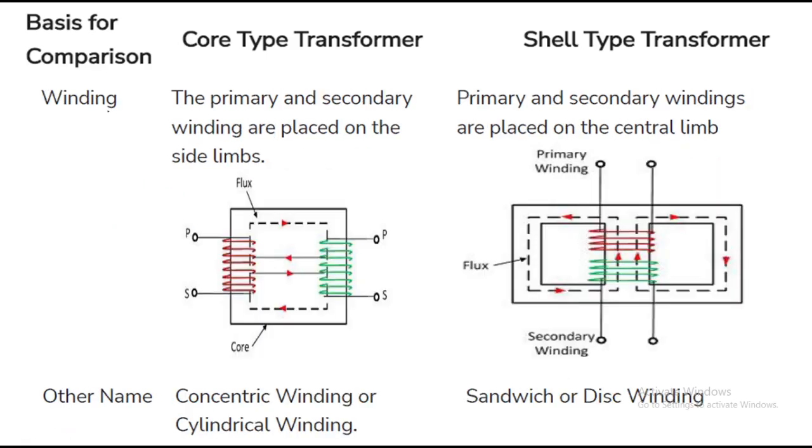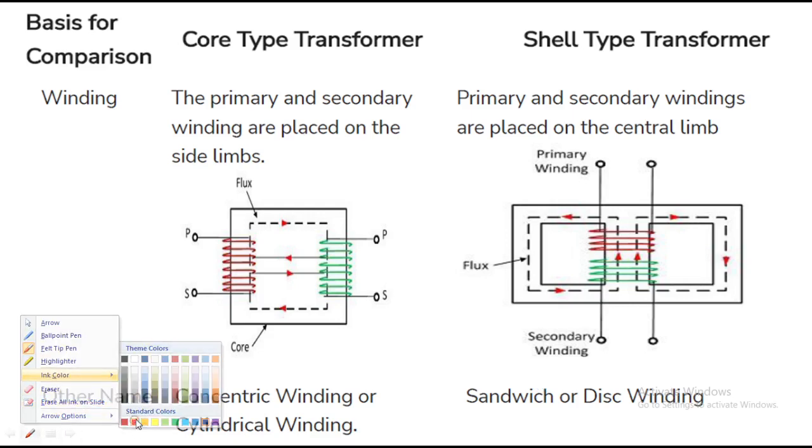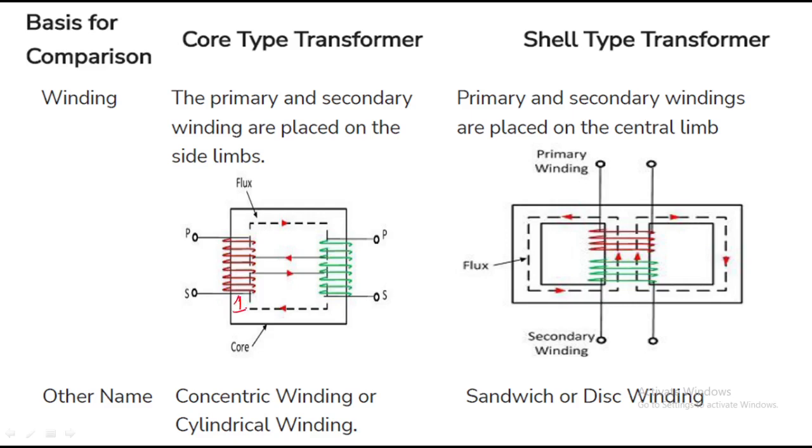And winding arrangement, the primary and secondary winding are placed on the side limbs. So this is the first limb, this is second limb. Coming to shell type, this is first limb, second limb, this is third limb. In case of core type transformer, the winding is placed on both the limbs, for first limb as well as for second limb.